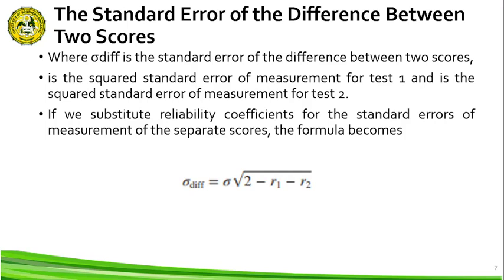Note that both tests would have the same standard deviation because they must be on the same scale or be converted to the same scale before a comparison can be made.